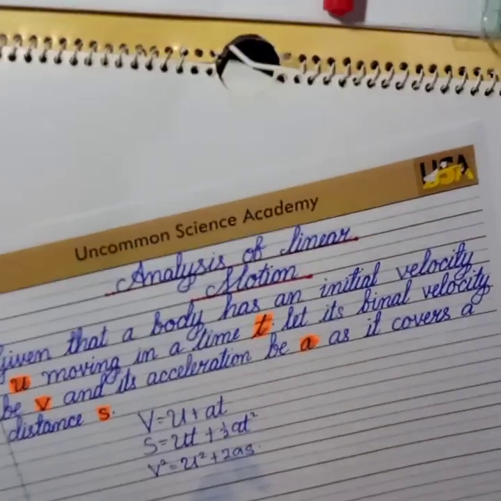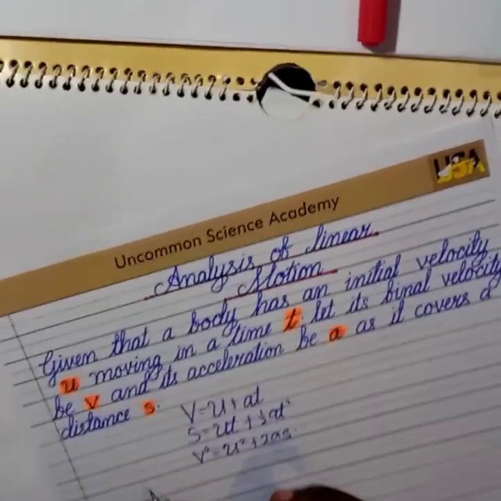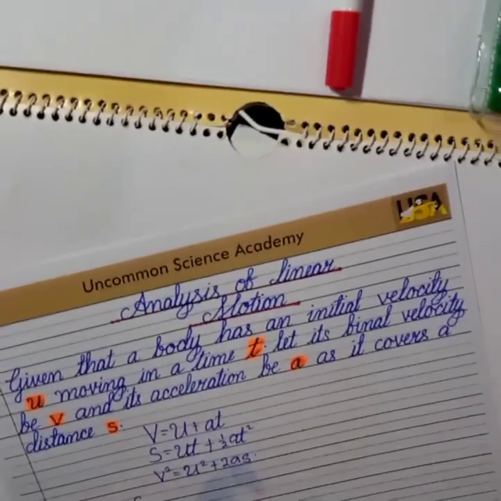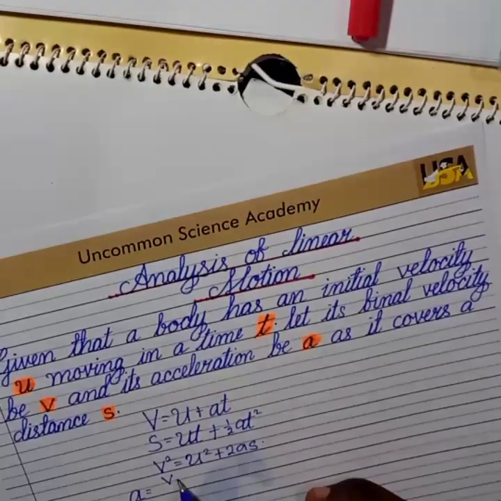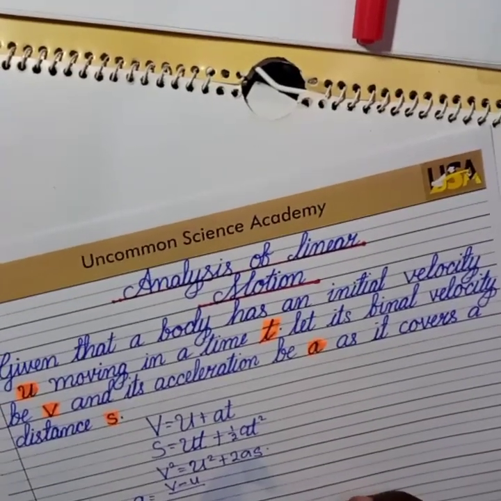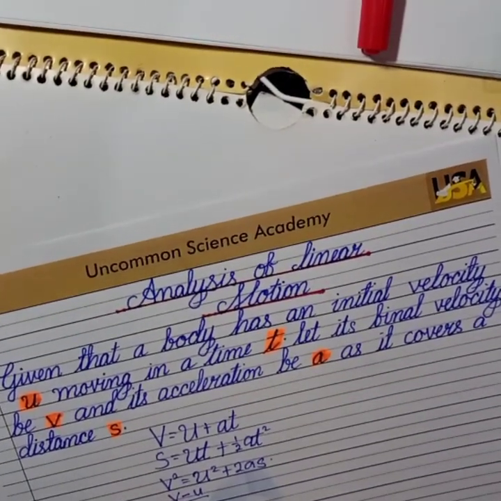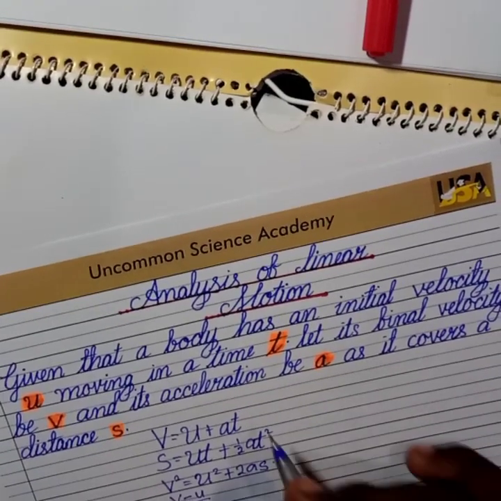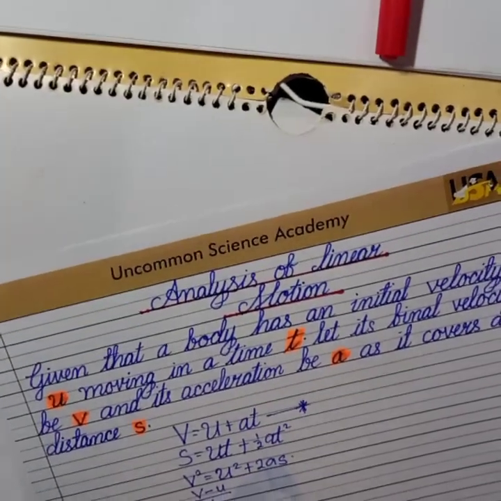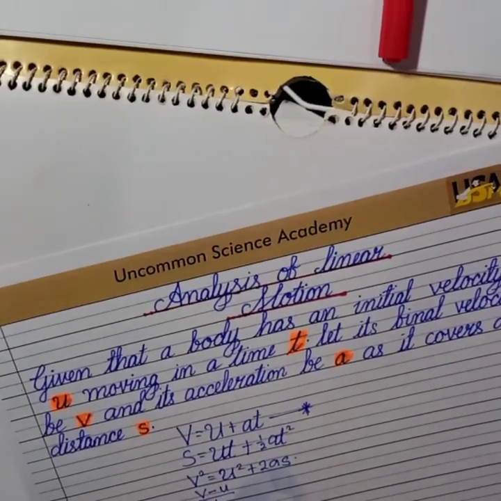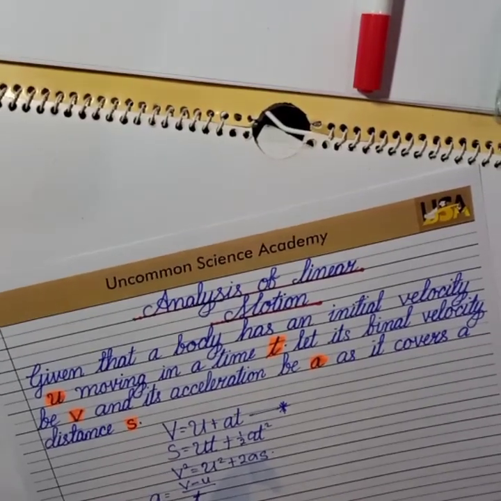Now let's start. From the definition of acceleration, we have that acceleration of a body is given as the change in velocity, that is v minus u, all over the time taken. If I cross multiply here, because we are trying to achieve the first equation, I will have that AT equal v minus u.